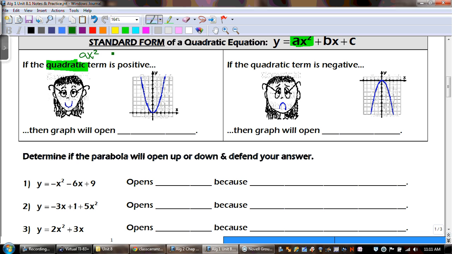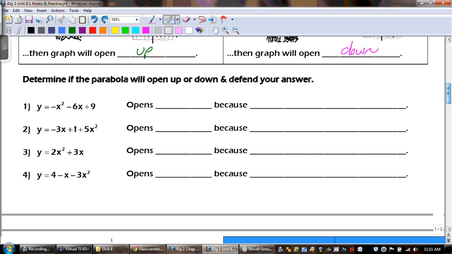If it's positive, then the graph will open up. But if the quadratic term is negative, like negative ax squared, then the graph will open down. You can look at our little smile right here, up or down, telling you what direction it's going to go.